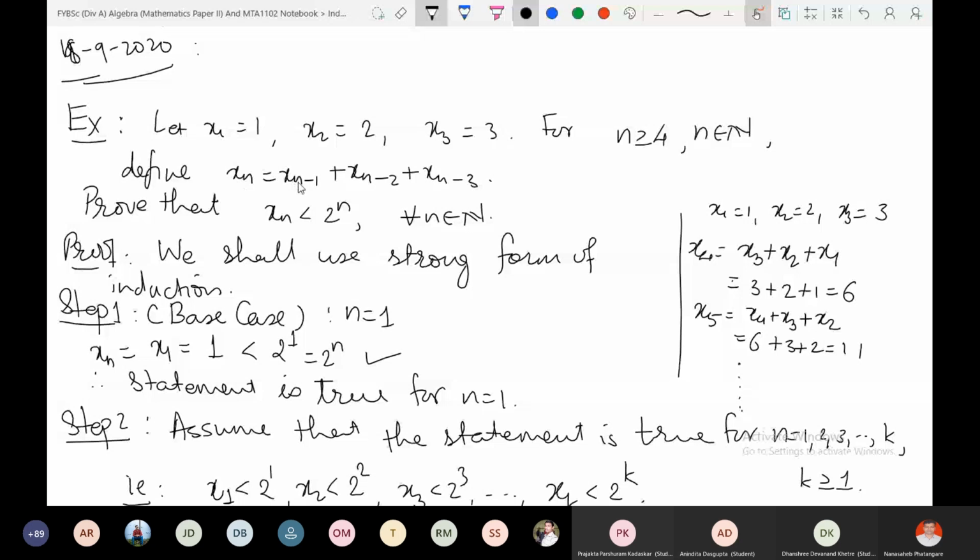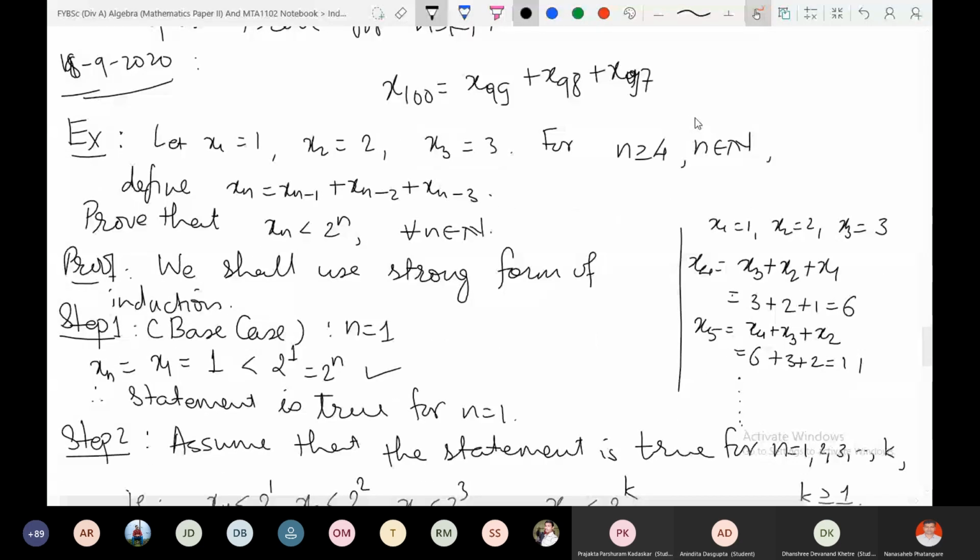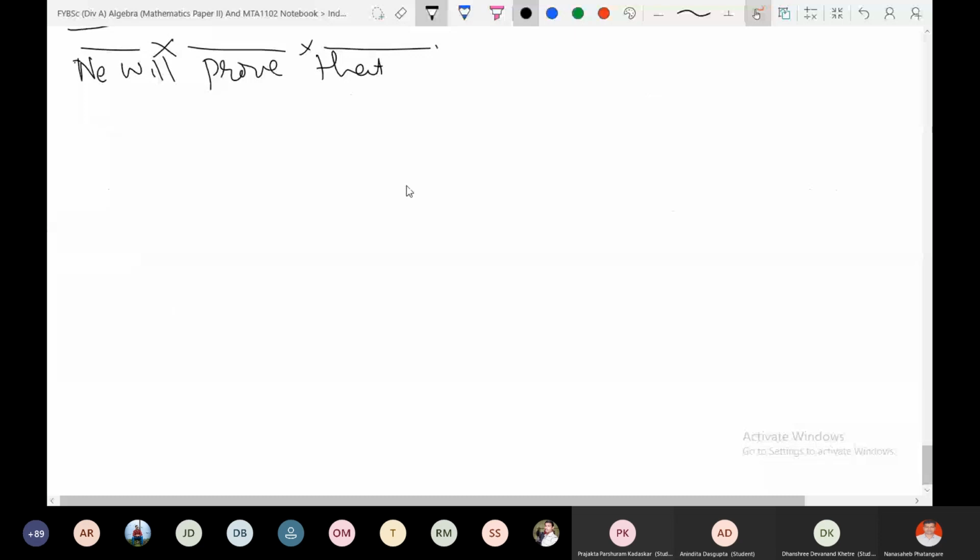Go one step back, xn minus 1, plus two steps back, xn minus 2, plus three steps back, xn minus 3, up to 3 only. Now you tell me what is x100. It is x99 plus x98 plus x97. Yes, only three terms, and therefore you can calculate. Fine. Thank you, sir.